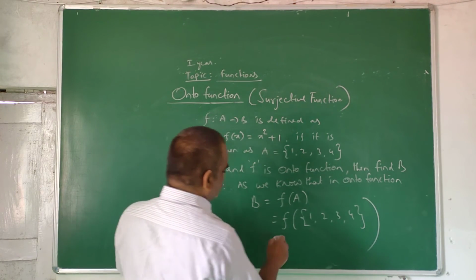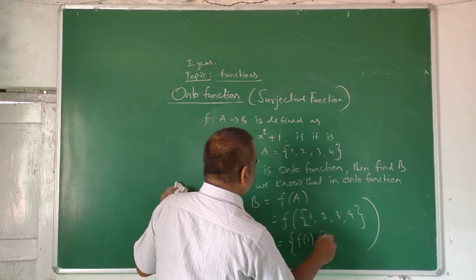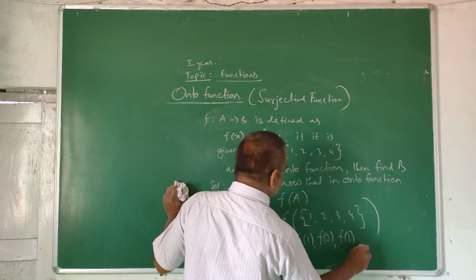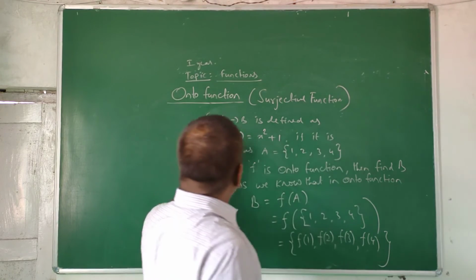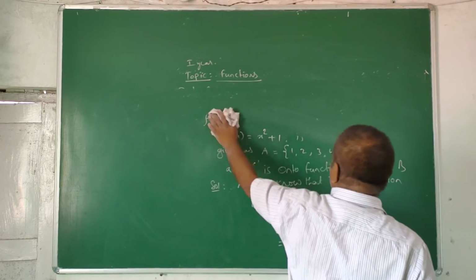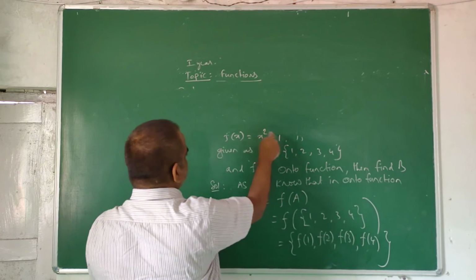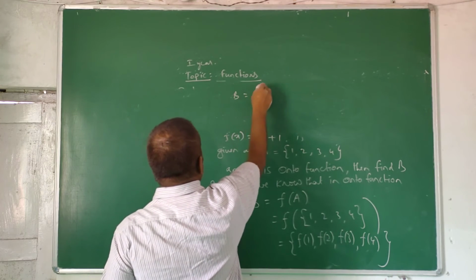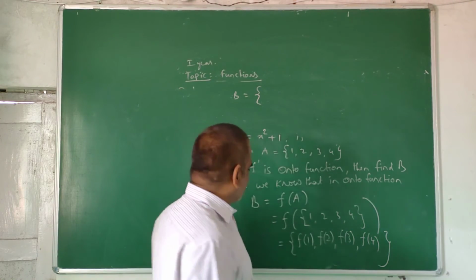So this is equal to f of 1, f of 2, f of 3, f of 4. Now as f of x is equal to x square plus 1, I am directly calculating here, not separately.